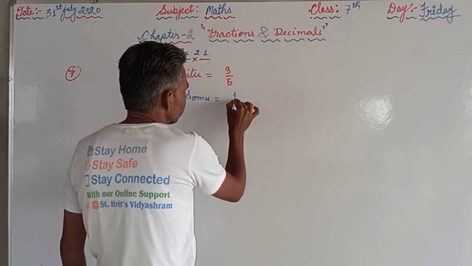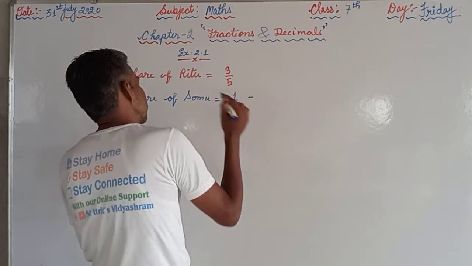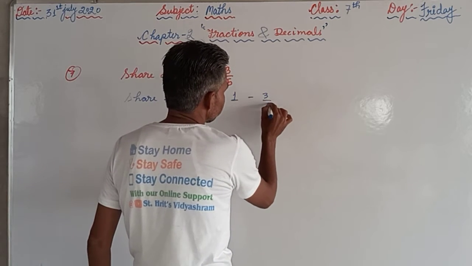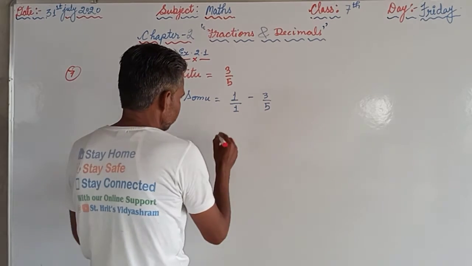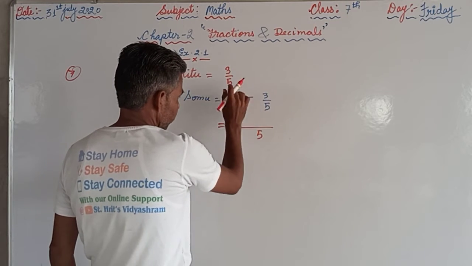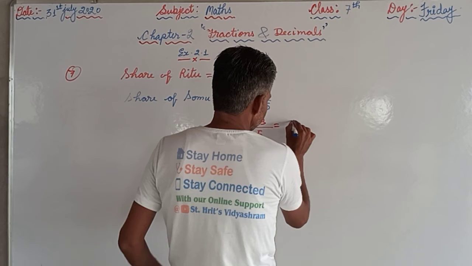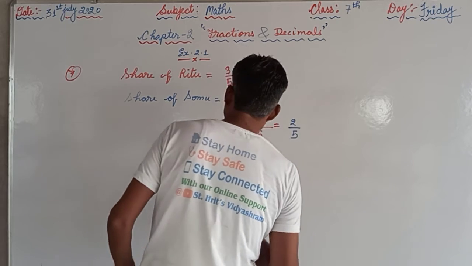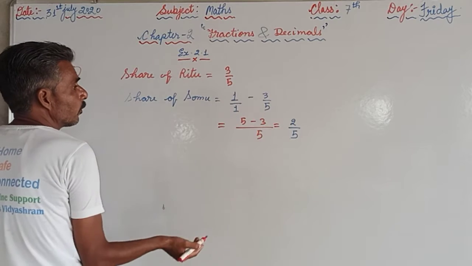Means out of 1 part, how much was the share of Ritu? That was 3/5. If nothing is there, we can write 1/1. From here the LCM is 5. 5 ones are 5, 5 ones are 5, 5 minus 3, that is 2/5. So Somu's share is 2/5.